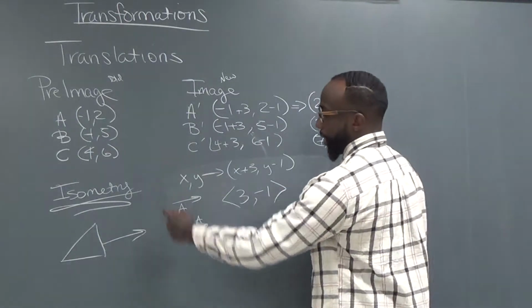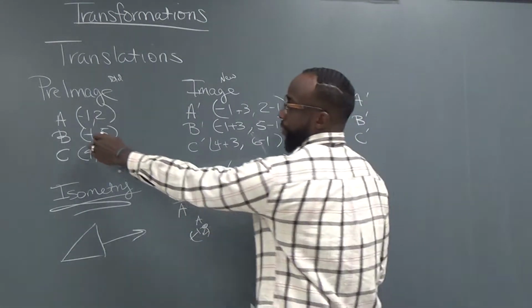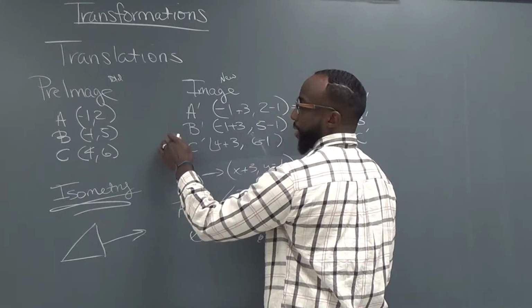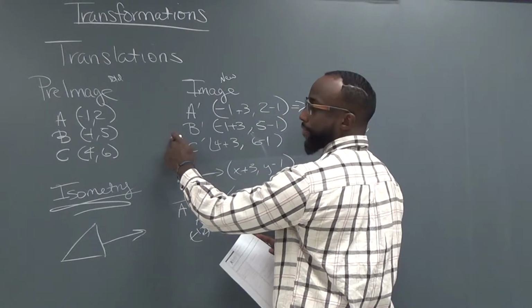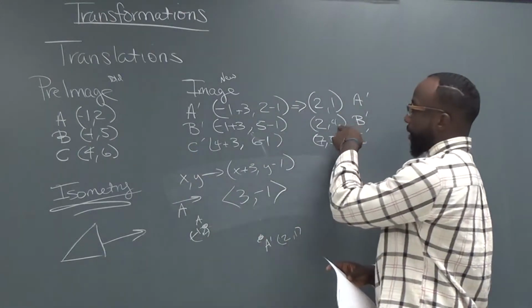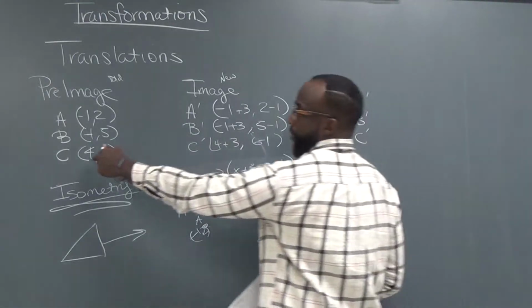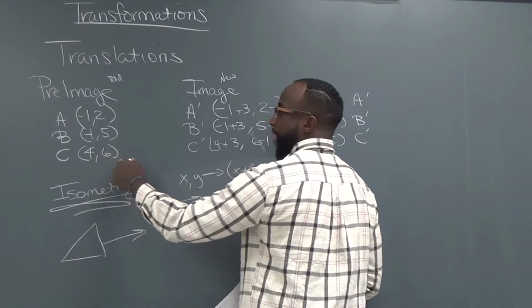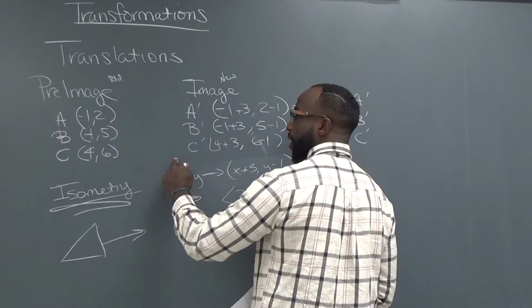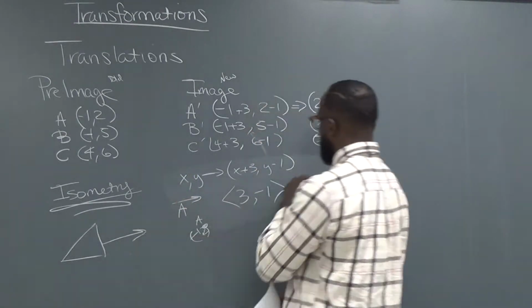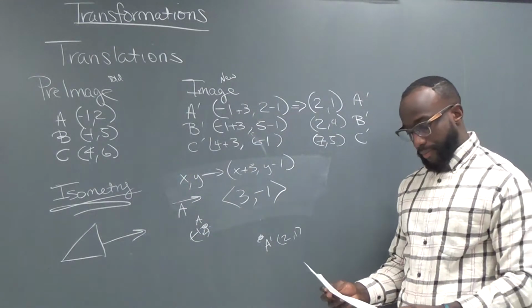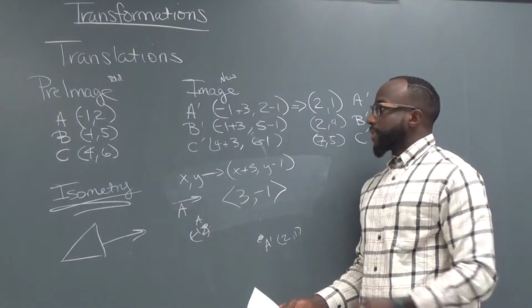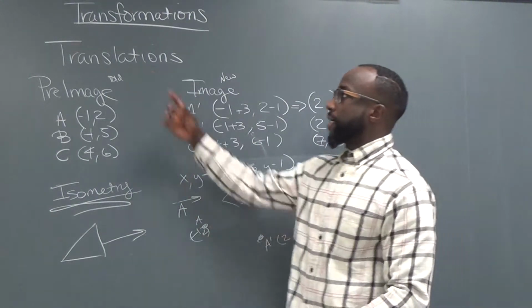The same thing for B. It'll go 3 spaces over, 1, 2, 3, and then 1 space down from 5. Bam. And that's how you get your 2, 4. For C, 3 spaces over from 4, 5, 6, 7, and then 1 space down. 5, so 7, 5. Okay? And pretty much that's how you translate.